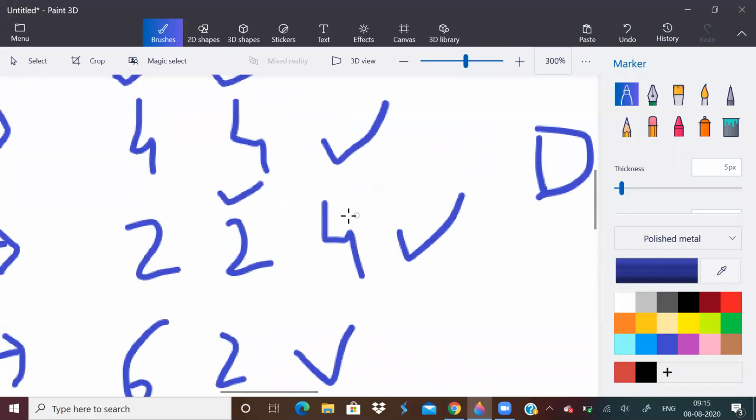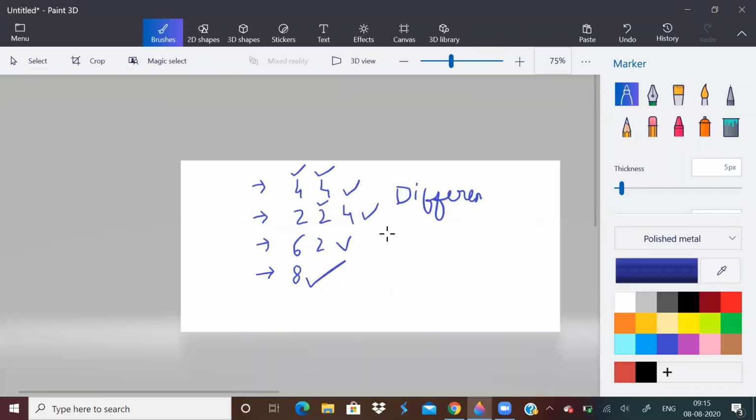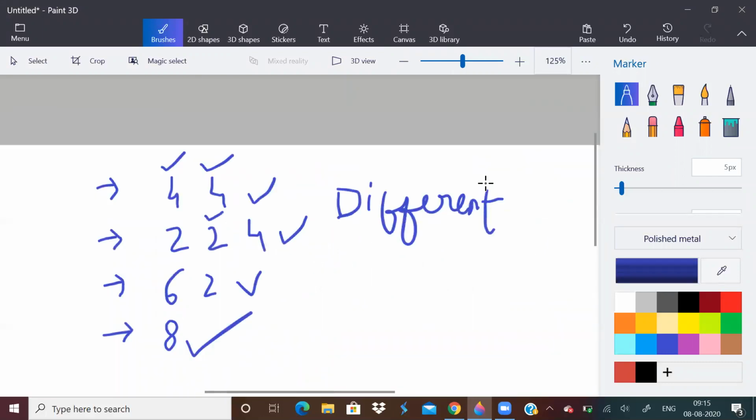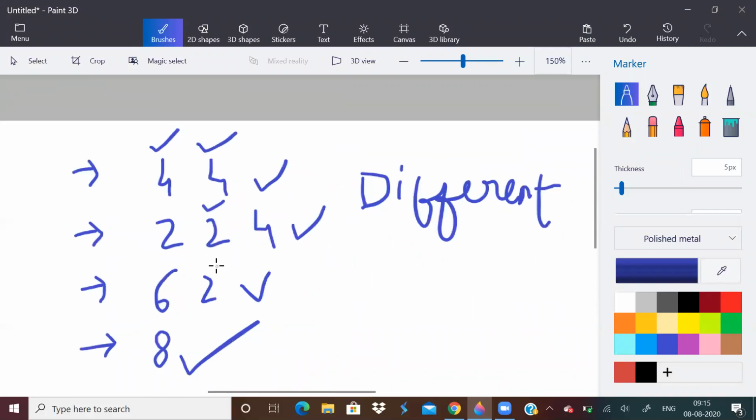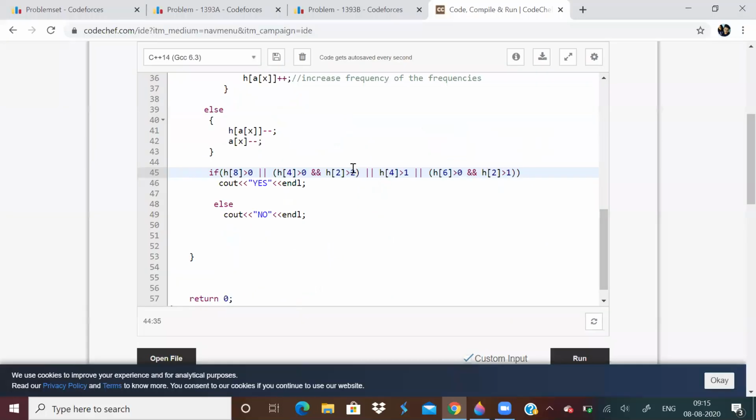I hope you're understanding. These different elements only we require. That is why I've written 2 here instead of 1, and similarly 1 here instead of 0, because I don't want the same elements. I do not want overlapping elements.